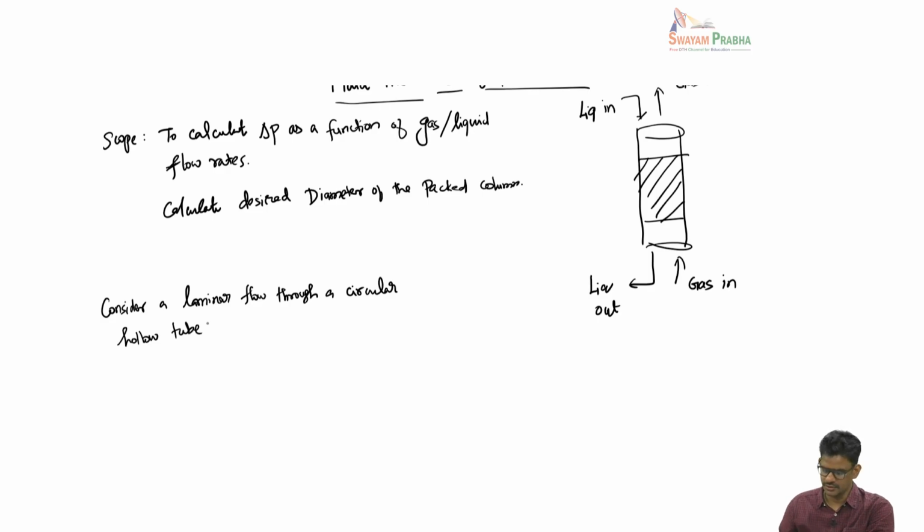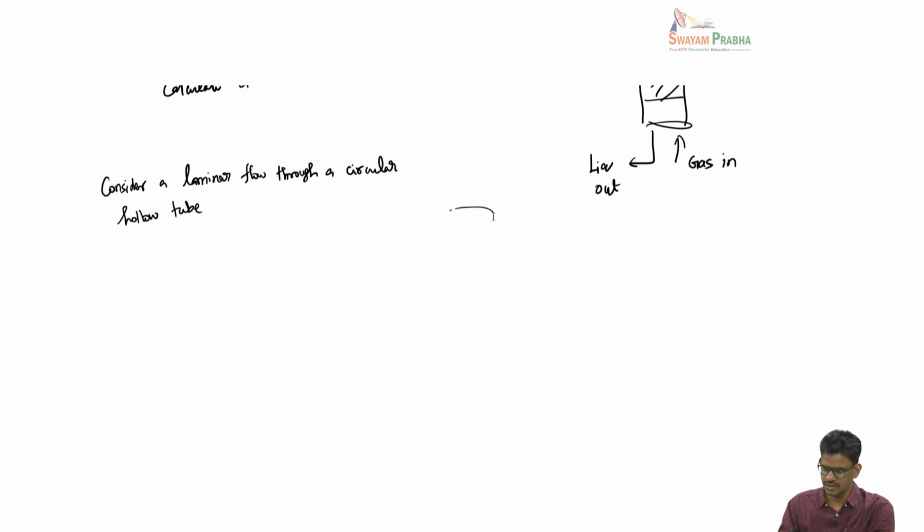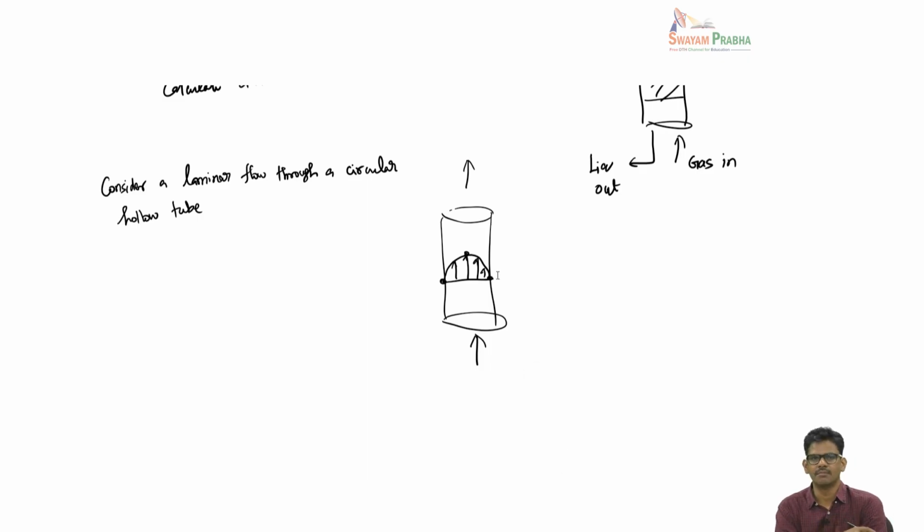Here we are thinking about a hollow tube or pipe, and a single fluid is flowing through it in a laminar flow. If there is a laminar flow, we know the velocity profile. This will be parabolic, reaching maximum velocity at the center point and then 0 at the boundaries.